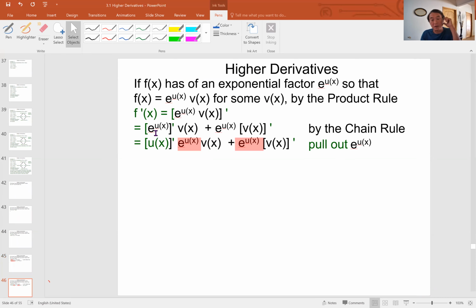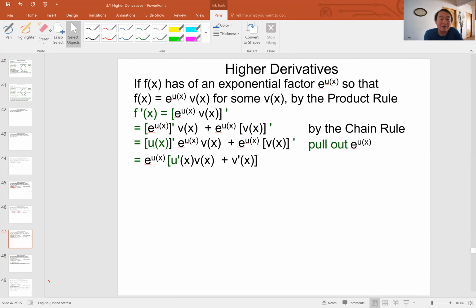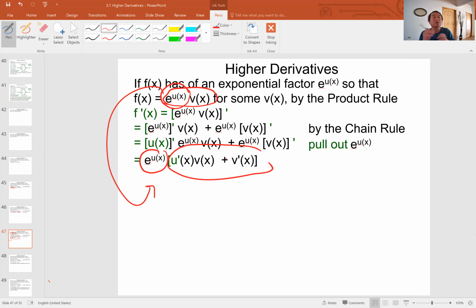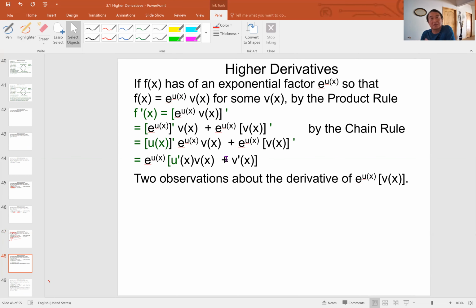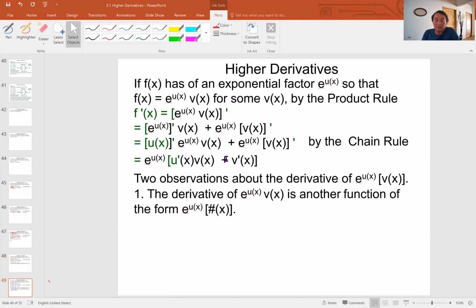In other words, I can pull out e to the u, and what I wind up with is the derivative of some formula with e to the u of x in it. It doesn't disappear. It doesn't change into anything else. It will pop up in the derivatives. If you keep taking higher derivatives, it will keep popping up. So the derivative of e to the ax times bx is another function of the form e to the ax times some other formula.